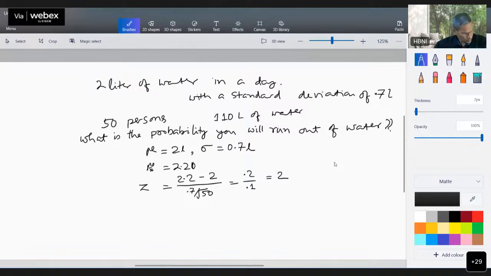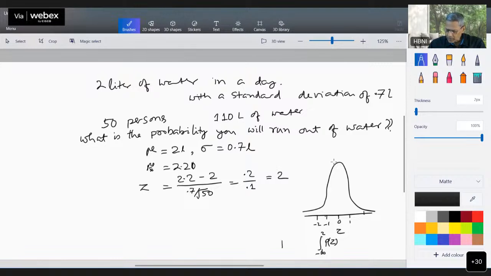So again, I will go to the table, then I will see if my Z distribution comes up to 2. This is 0, this is 1, Z, this is -1, -2. So again, I have to integrate this P(z) from -infinity to 2.